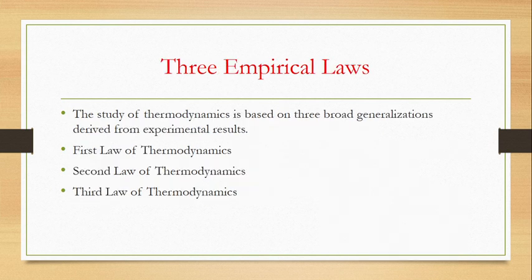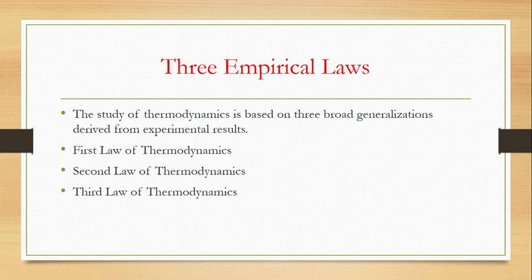Now, the three empirical laws in thermodynamics. The study of thermodynamics is based upon the three broad generalizations derived from experimental results. These laws, first law of thermodynamics, second law of thermodynamics, and third law of thermodynamics, are independent of any theory. They are based on experimental results. Experimental results derived these laws.